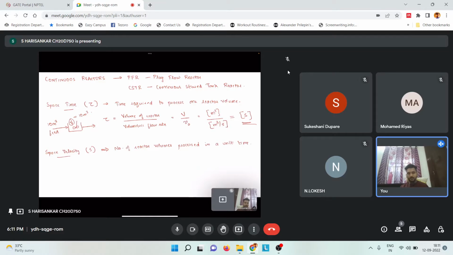Let's take the same case, the reactor volume V is 10, and let's say the volume of feed is 50.